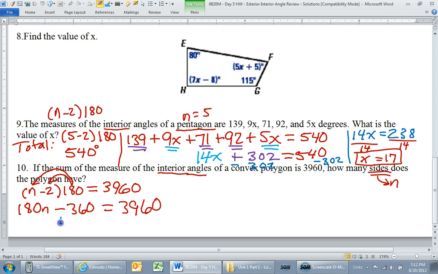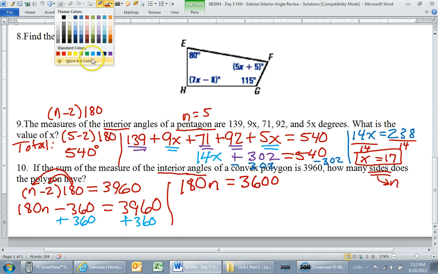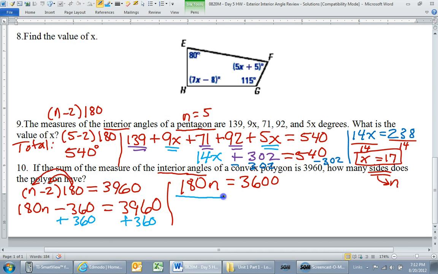Alright, if I go ahead and add 360 to both sides, that's going to give me 180n equals 3,600. So then all I have to do is divide both sides by 180.